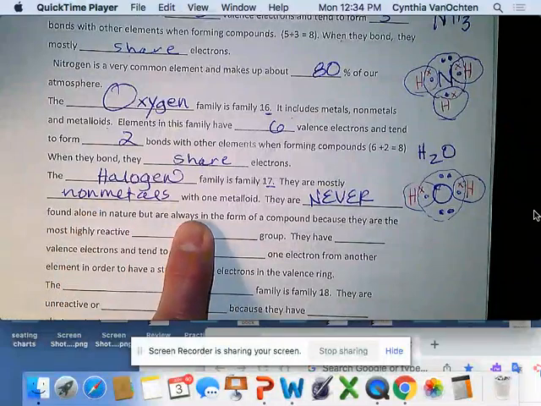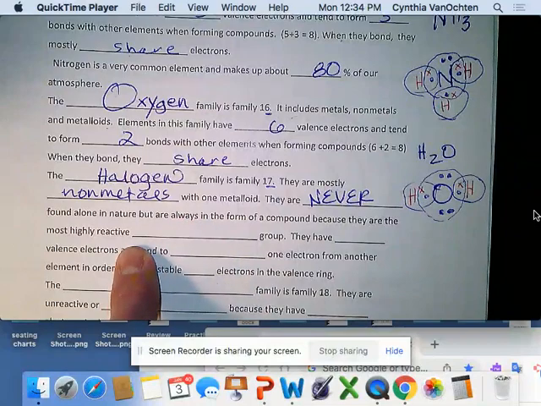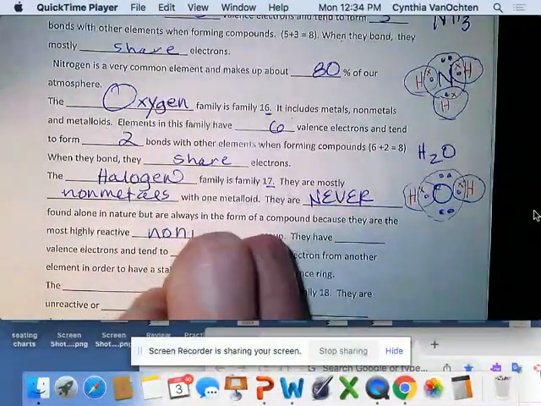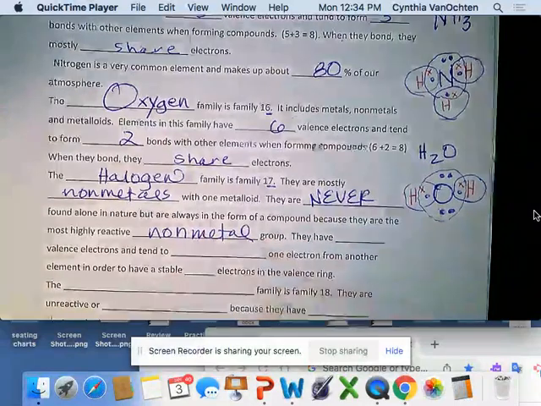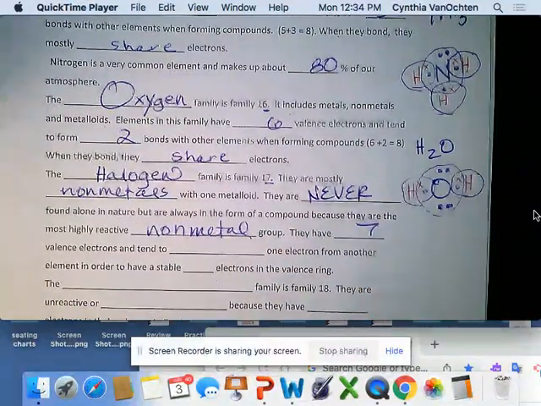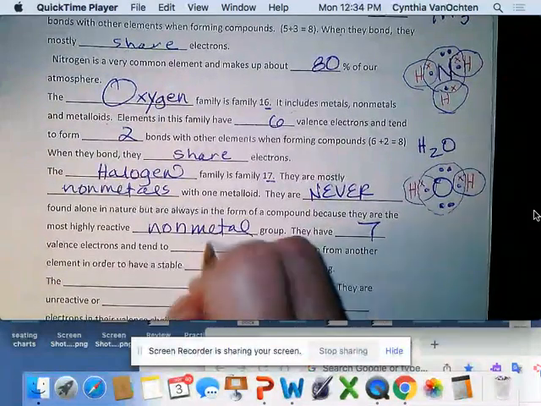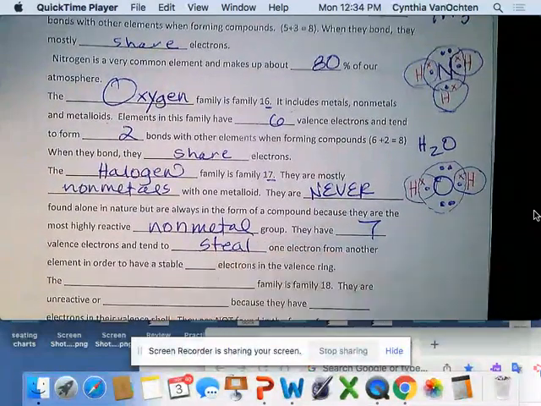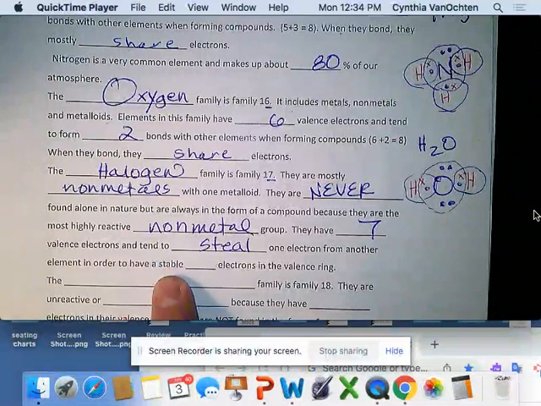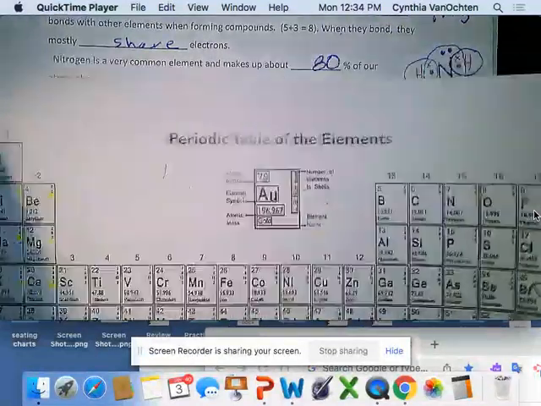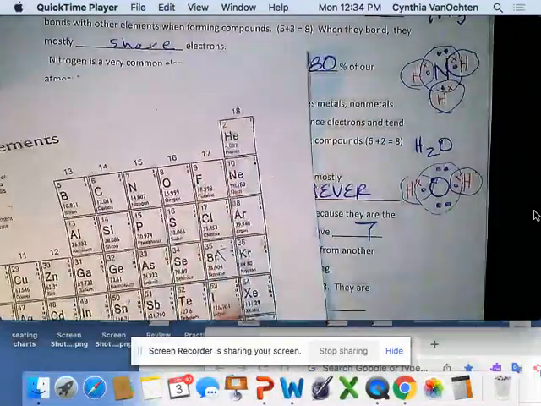Because they're so reactive, they're always found in the form of a compound. They are the most highly reactive nonmetal group. They have 7 valence electrons, so they're really eager to get 1 more. So they tend to steal 1 electron from another element in order to have the stable 8 in their valence ring. So column 1 loves to react with column 7.